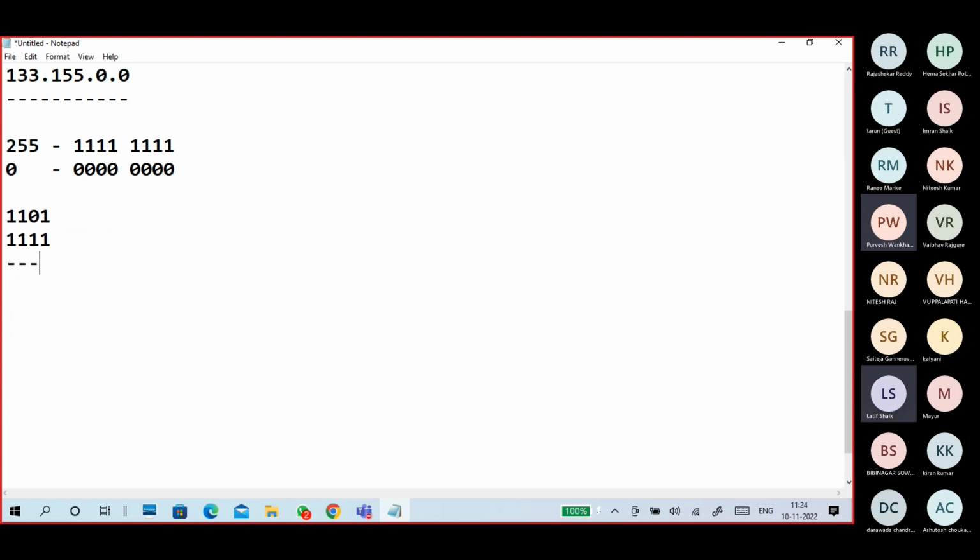All are ones, you get 1 1 0 1 only. But in case the second one is all zeros, your outcome is all zeros only. So by this method I did this one.